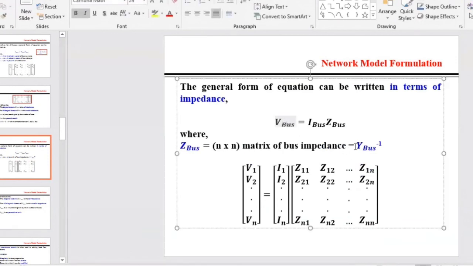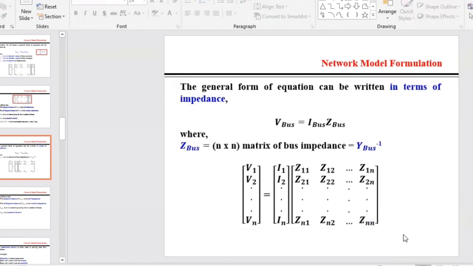So we can write the equation V equals Z times I, and we put V1, V2, V3 in a column. Current is also a column, and Z is the matrix that comes from the n-bus system. So again, it's Z11, Z12 up until Z1n, and we finally end up having Znn. So it's also an n by n matrix.